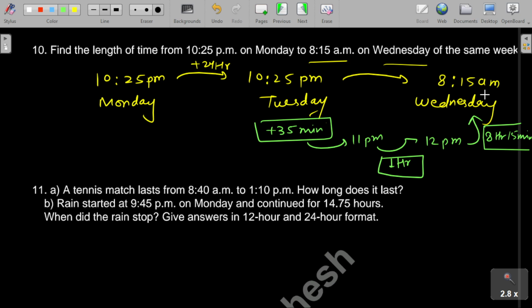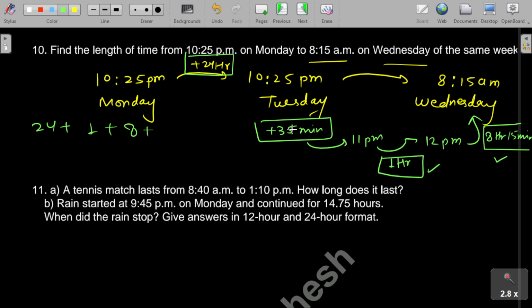So how much time do we add? First we add 24 hours, plus 1 hour, plus 8 hours, plus 35 minutes and 15 minutes, which is 50 minutes.